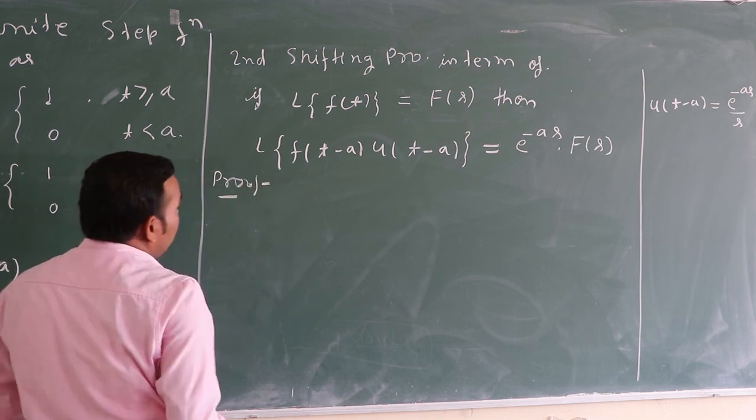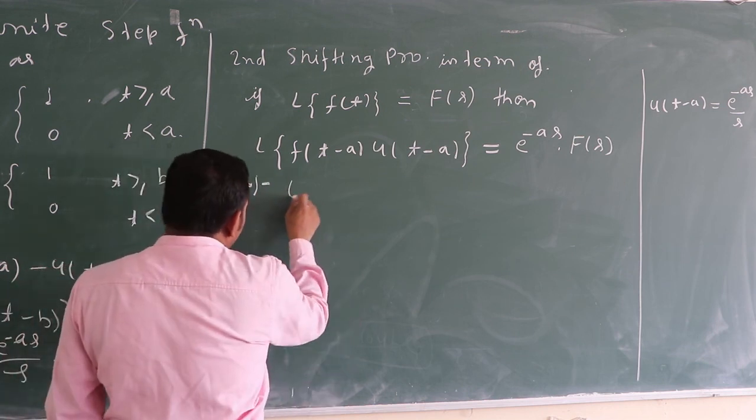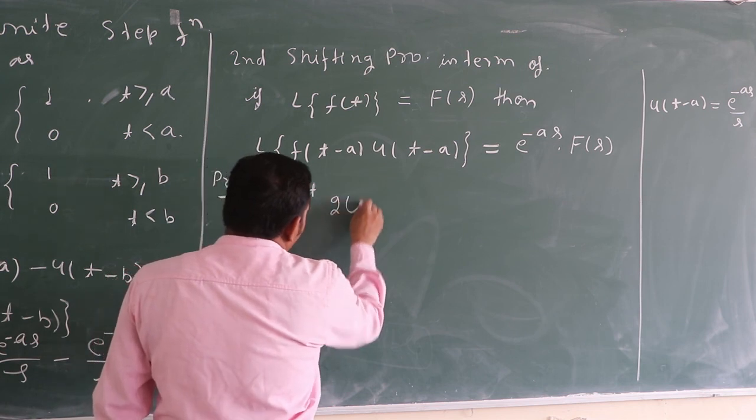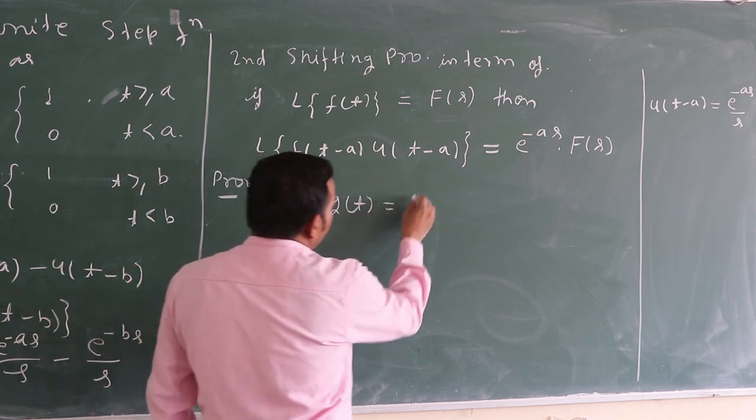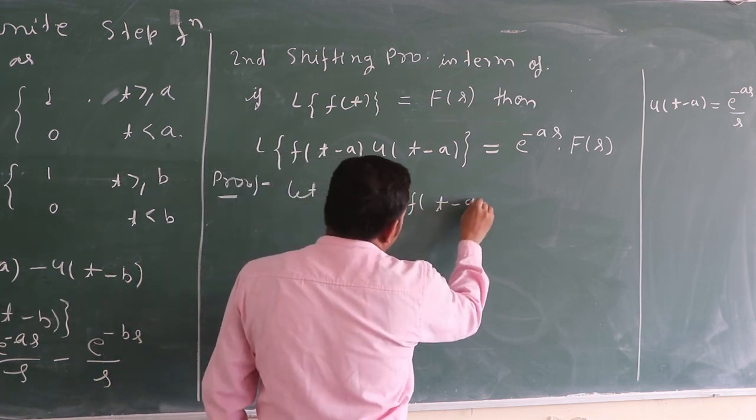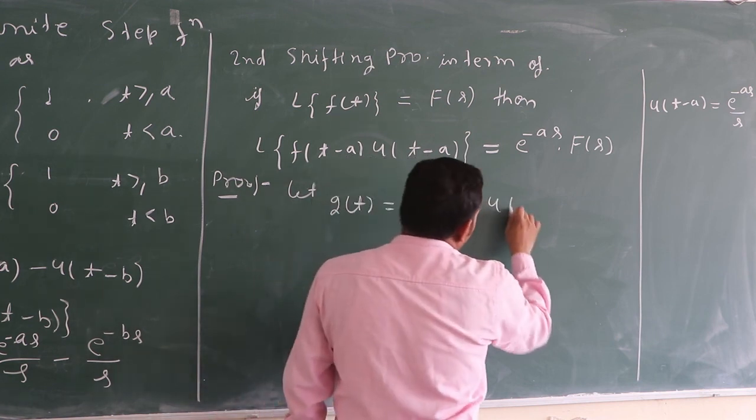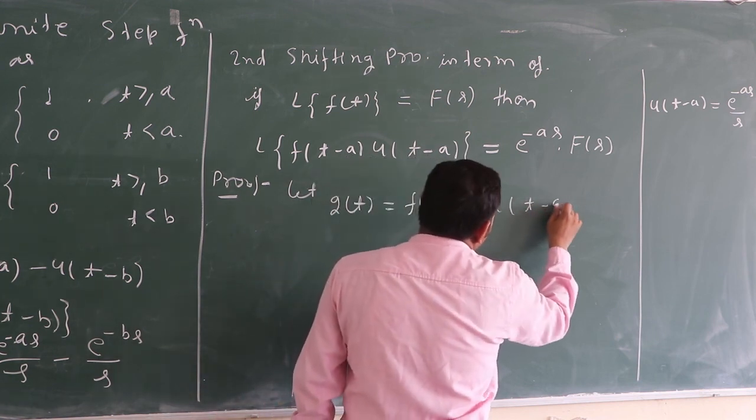Simply let g(t) equal f(t minus a) u(t minus a).